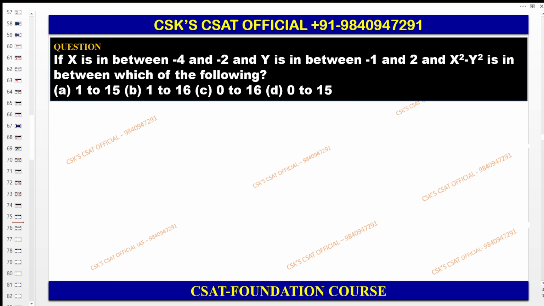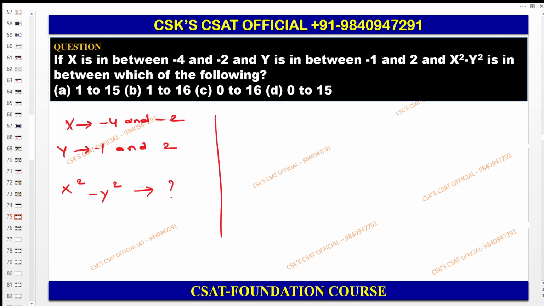If x is in between -4 and -2, y is in between -1 and 2, you need to find out x square minus y square falls between which of the following? 1 to 15, 1 to 16, 0 to 16, 0 to 15.